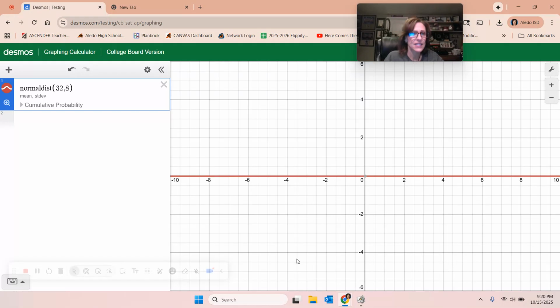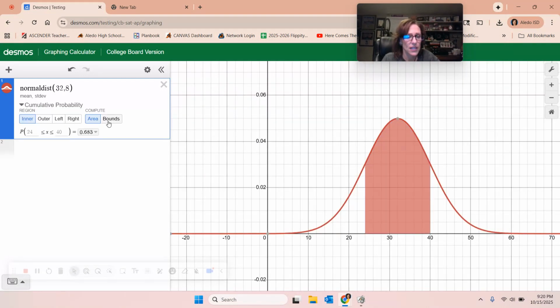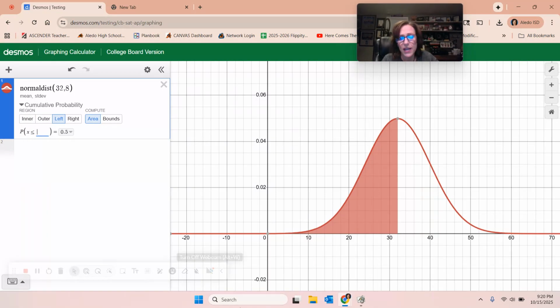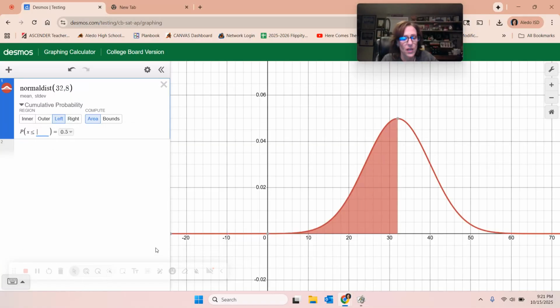Now I'm going to zoom fit so we can take a look at that. Our student had a score of 44, and let's go left, because that tells me the percent of people that person scored better than. So what is the probability that x is less than or equal to 44?